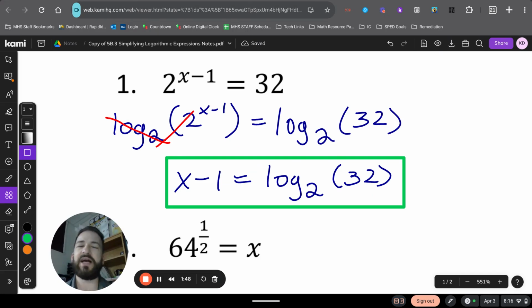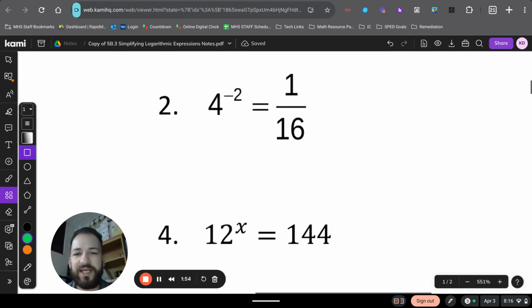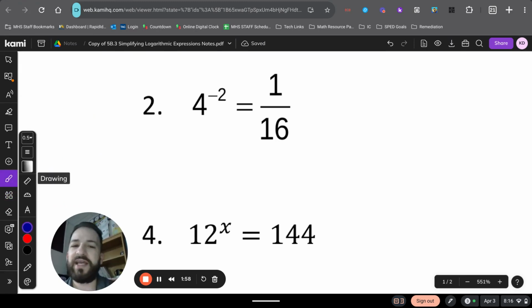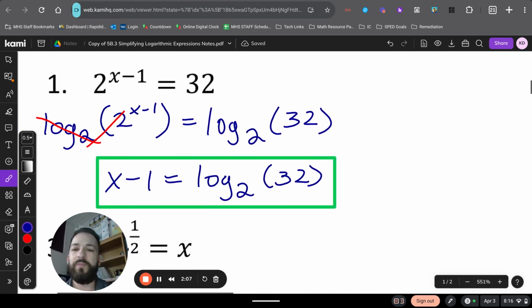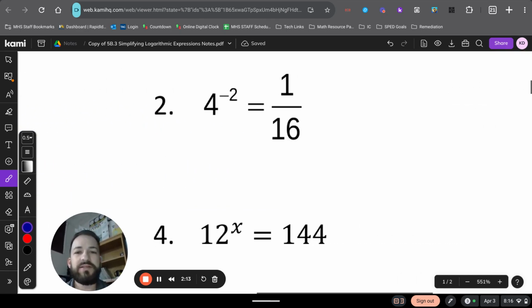Now, that's a lot of work and a lot of writing that can feel kind of tedious. So we kind of shortcutted it, and we're going to do that shortcut here on number 2. So we have 4 to the negative 2 is equal to 1 over 16. And that shortcut we discovered is that when we convert from an exponential to a log, our base is just going to move from an exponential function to a log function on the other side of the equation. So here, the base of my exponential is 4.